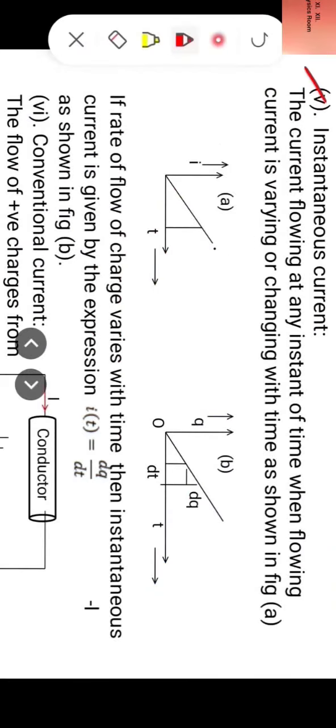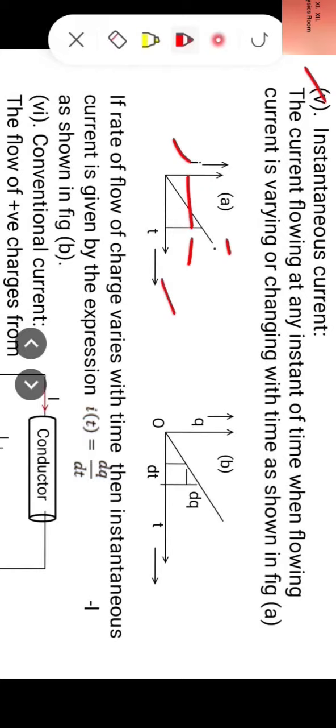5th, instantaneous current. The current flowing at any instant of time when the flowing current is varying or changing with time, as shown in figure A. Here current I is represented along the positive y-axis and time along the positive x-axis, and the current is varies with time. So at any particular time the magnitude of current is this much.